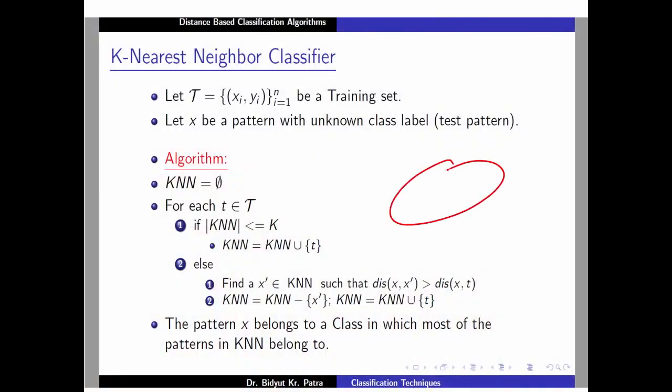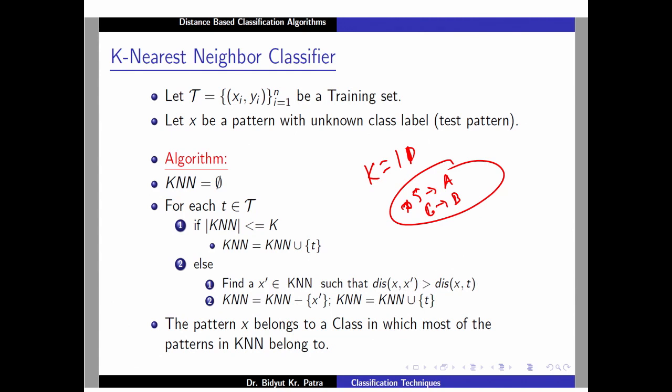Say the k value is 10. Among the 10 points, let us say 4 points belong to class A and 6 points belong to class B. So, the majority of the points belong to class B. Therefore, the unknown object's class label will be B.